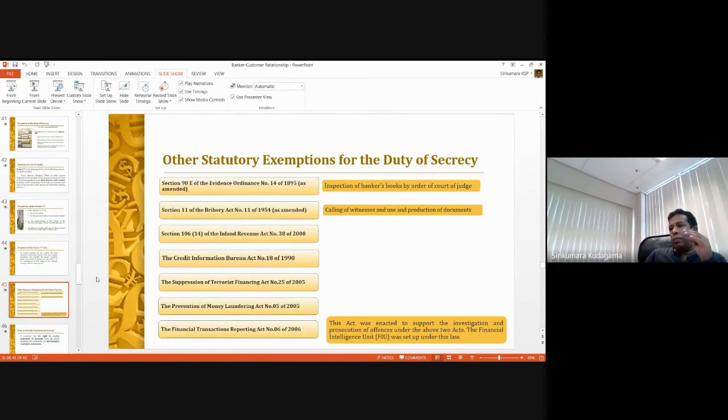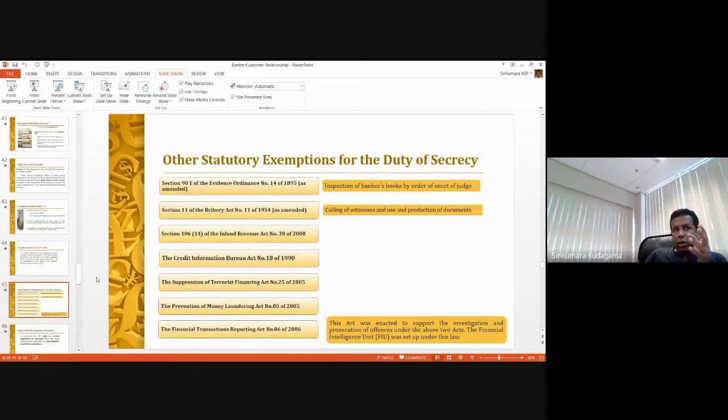And also, there is this suspicious transaction reporting under Section 7 of FTRA. According to that, if the bank is of the view that a particular transaction is suspicious for reasons like peculiarity of the transaction and nature of the customer and things like that, the financial institution is supposed to report that to the central bank.